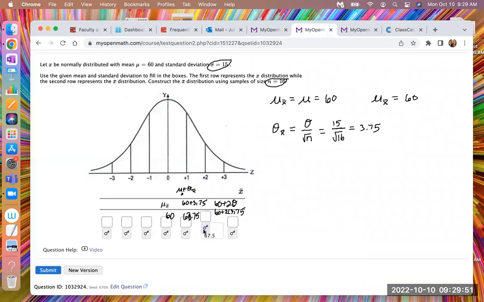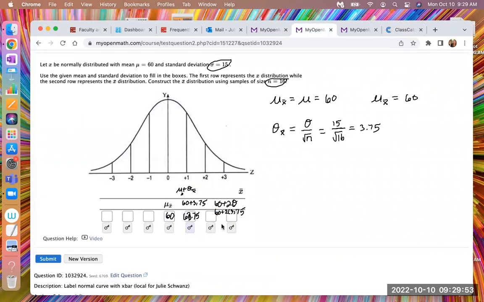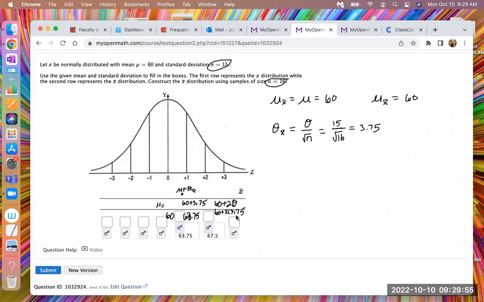I could see it's 67.5 and 63.75. And then to find the next one, it says plus 3. What they mean there is plus 3 standard deviations. So this third box is the mean plus 3 standard deviations. The mean is 60 and the standard deviation is still 3.75.